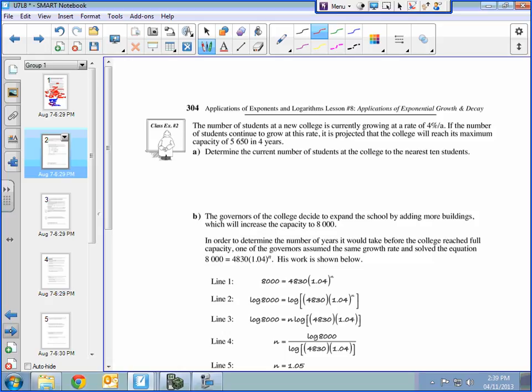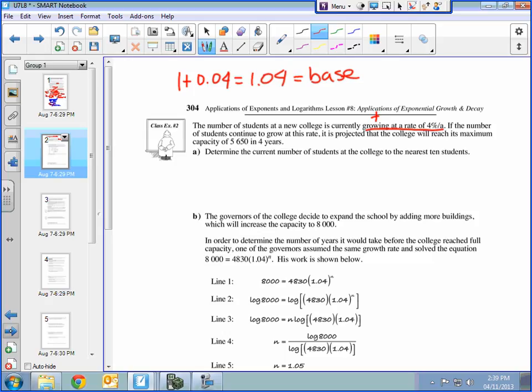So this right here, growing at a rate, adding, so it'll be 1 plus 0.04. So this will be my base. Is everyone okay with that so far?